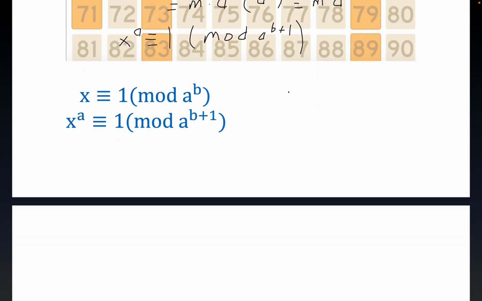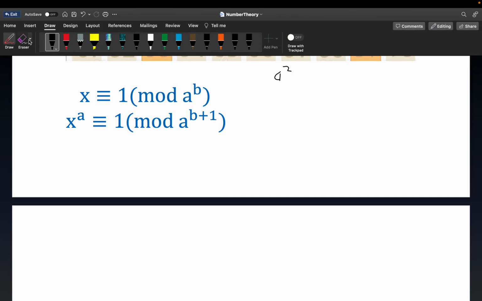Let's go ahead and pick some simple calculations here. Let's pick a equals 2, so we can do these in our heads.